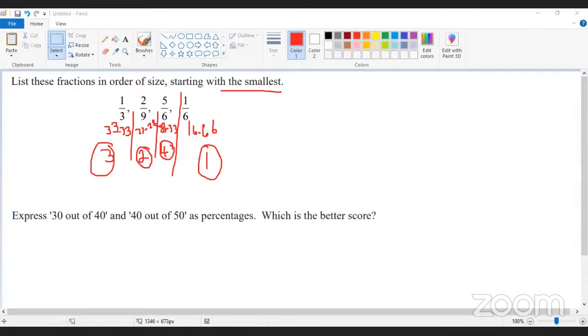Yeah, I'll give you the word problems. Forty, 50 or 78, 80.